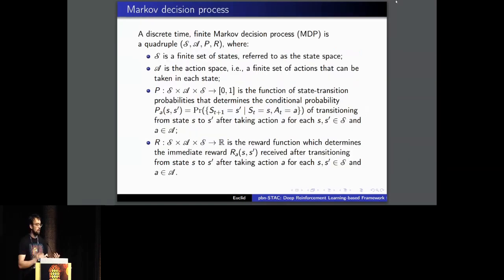So our idea was to model the state transition graph as a Markov decision process. Mathematically, it's a quadruple of state space, so the state transition graph for us. Then action space. We decided to allow our agent to perform 3 perturbations at a time. So an action is choosing 3 genes to perturb.